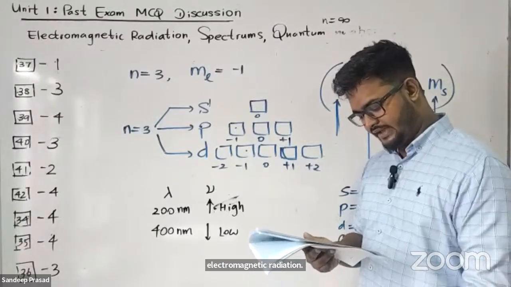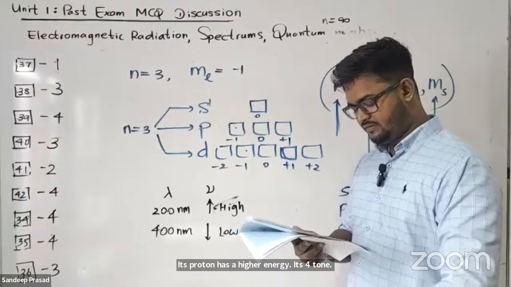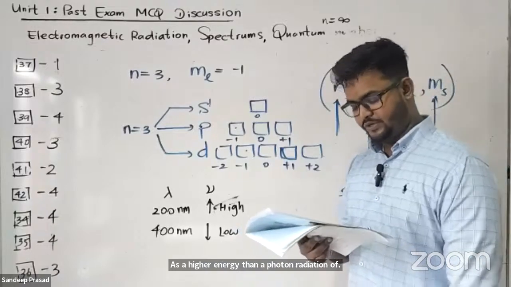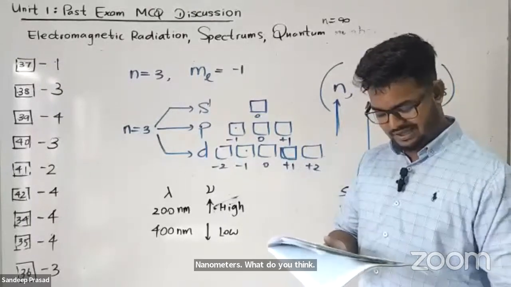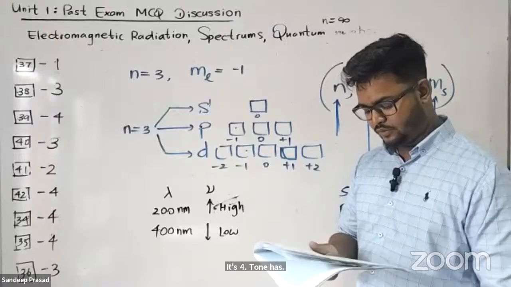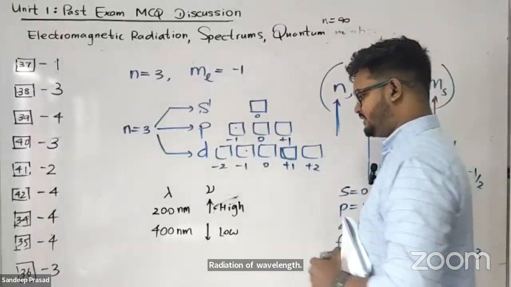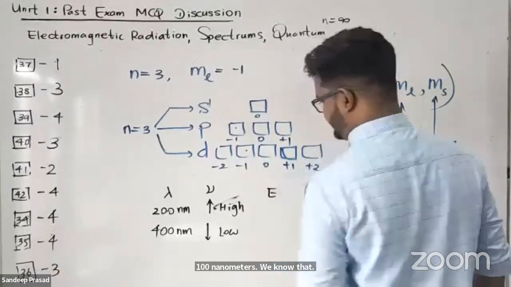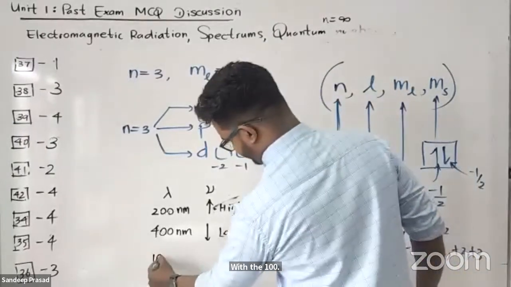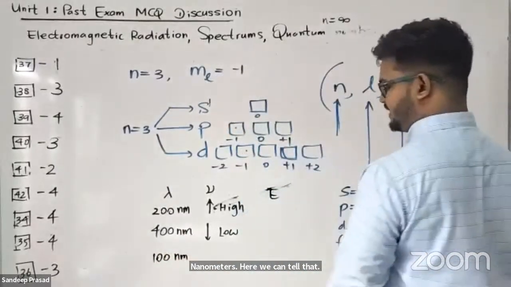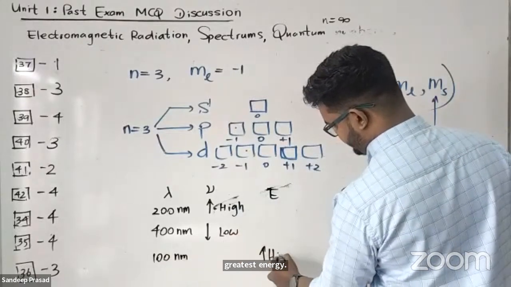Its photon has a higher energy than a photon of radiation of wavelength 100 nanometers. When you compare the energy, which one has the greatest energy? The greatest energy belongs to 100 nanometers.